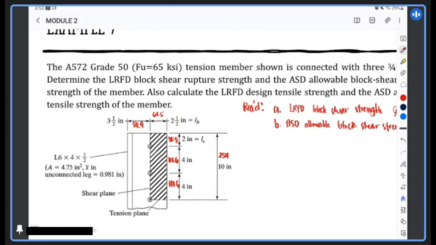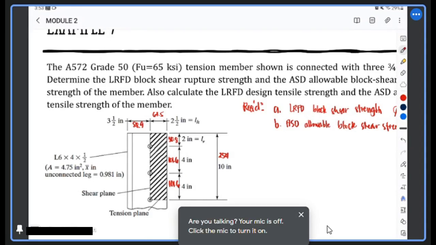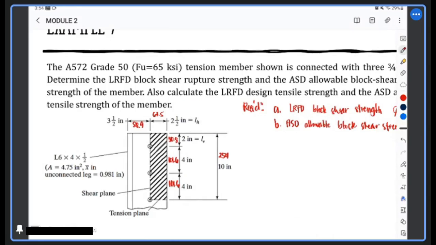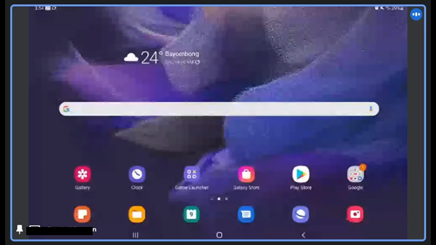Kasi yan, rounded na rin yan. Ang ginagawa kasi doon sa mga AISC section database. Dito ka lang pala ipagkita para mahanap.